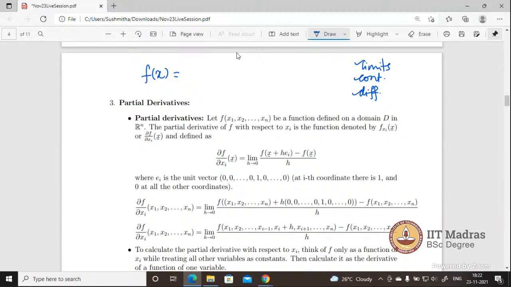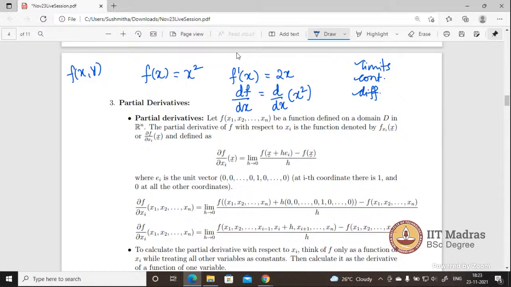So let me just talk about one variable differentiation first. When I have f of x is equal to x squared, what is f dash of x? 2x. What we are actually doing is df by dx, so we are doing d by dx of x squared. But now we have f of x comma y.